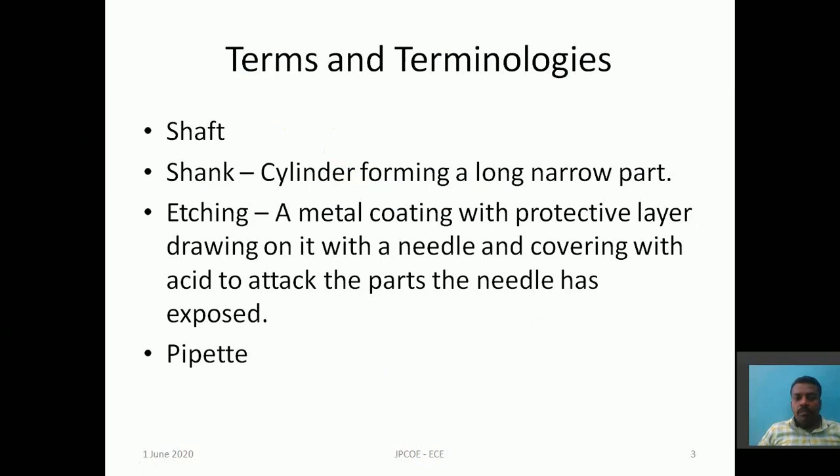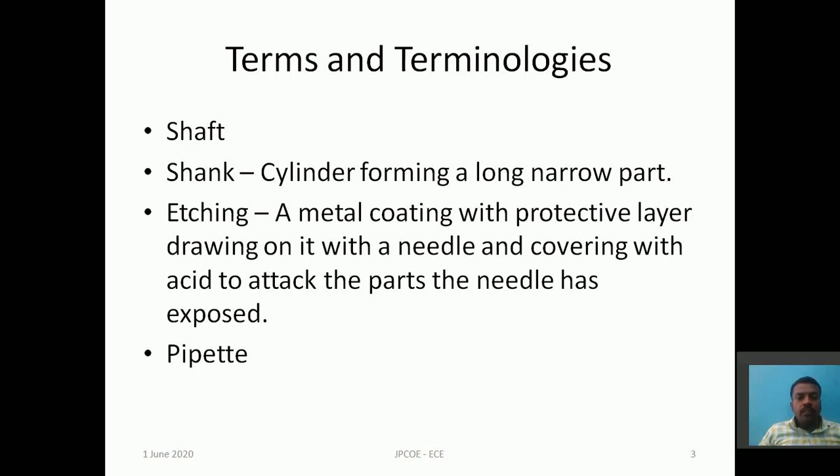Then another one is shank. That is the narrow part of a cylinder. Normally consider our LPG cylinder, the gas outlet, that is called the shank. The narrow part of the cylinder, forming a long narrow part.